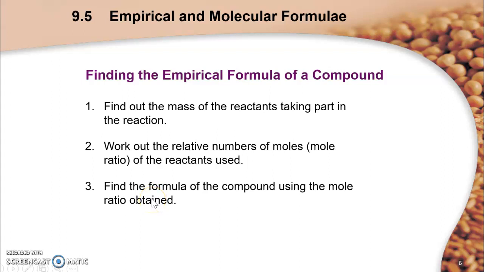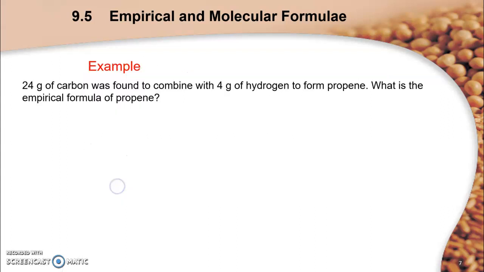Now I'm going to illustrate these 3 steps using the example on your CAB page 80. In the question, 24 grams of carbon was found to combine with 4 grams of hydrogen to form propene. What is the empirical formula of propene? As you can see on page 80, we use a table to present our answer.